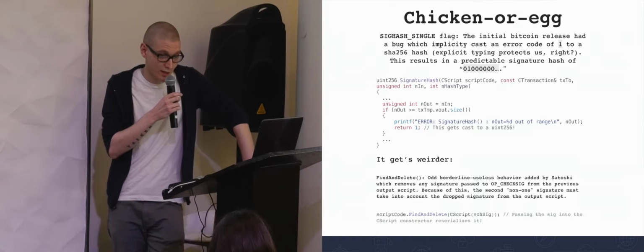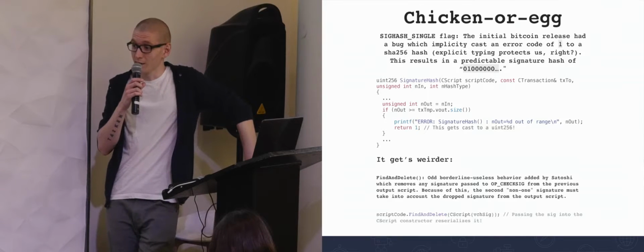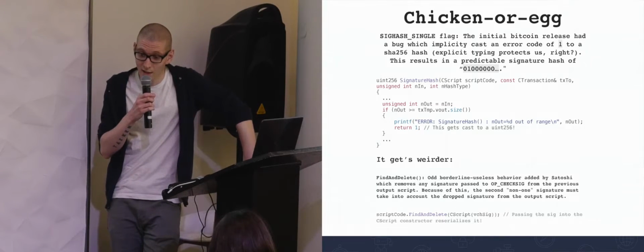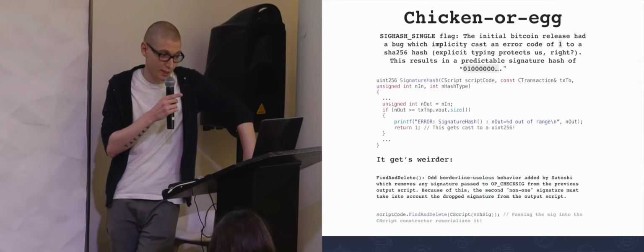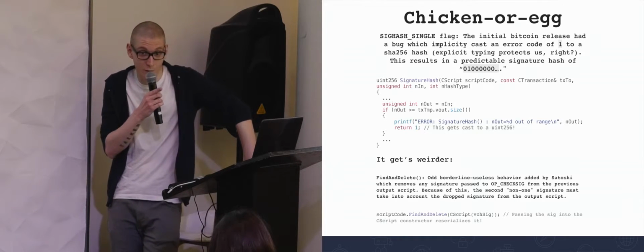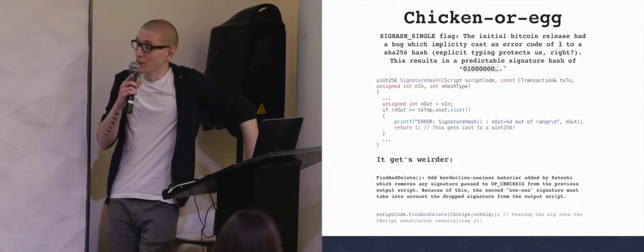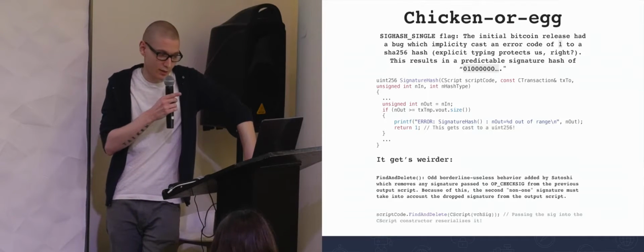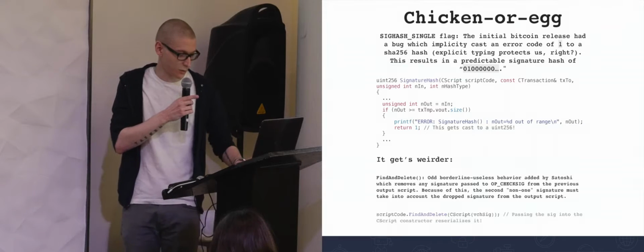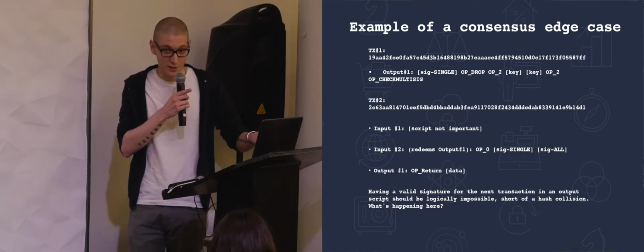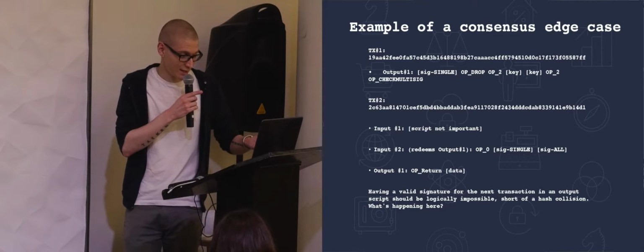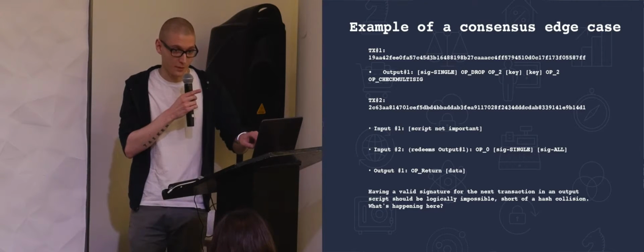And so what SIG hash single does is it only signs the output at the current input index for the signature you're creating. But the question is what happens when the input index is actually higher than the number of outputs. So as I showed here before, there's two inputs in the second transaction, but there's only one output.